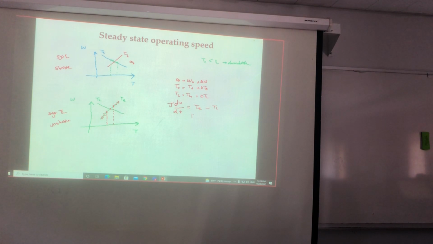Now, under small variation, I can write this as J d of delta omega by dt equals delta TE minus delta TL.